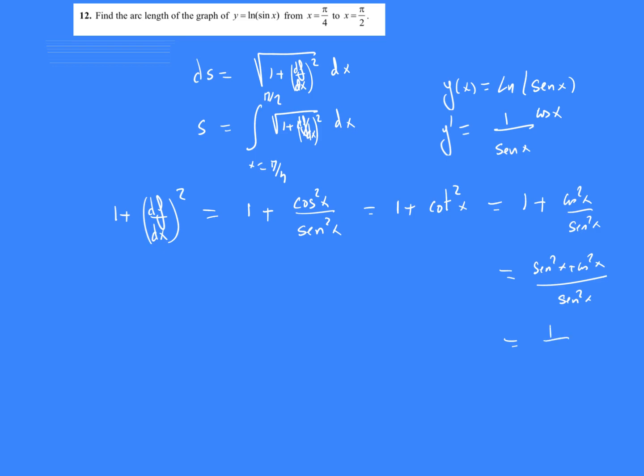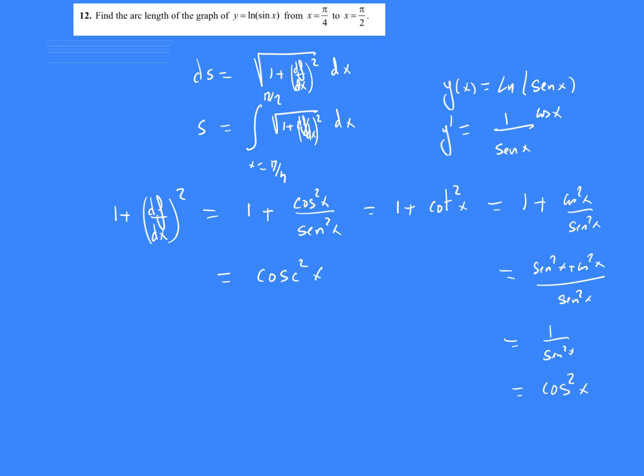So it will be 1 divided by sine squared of x, and the reciprocal of sine is cosecant. So it's cosecant squared of x.